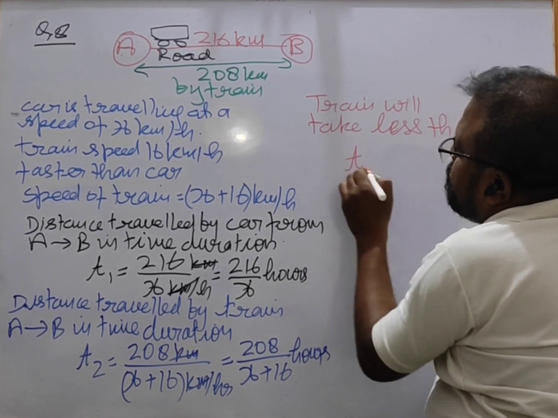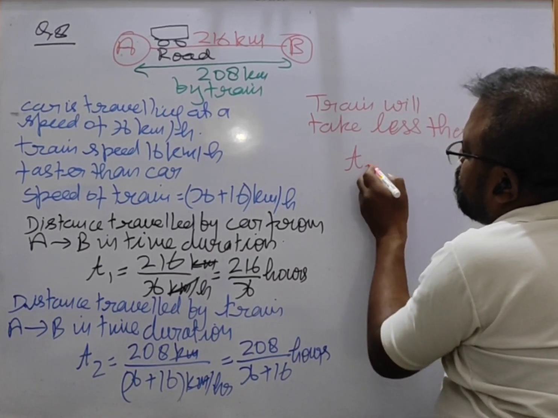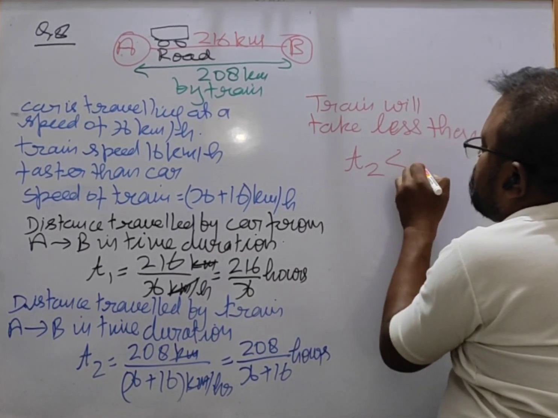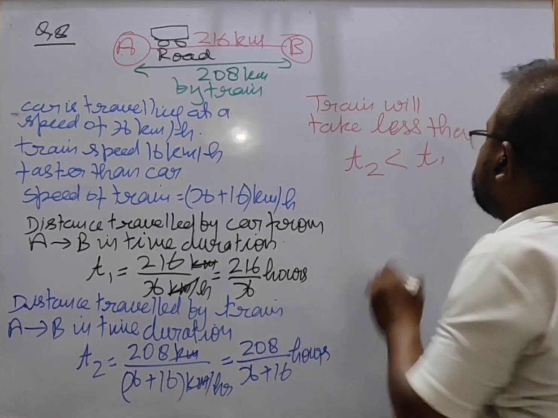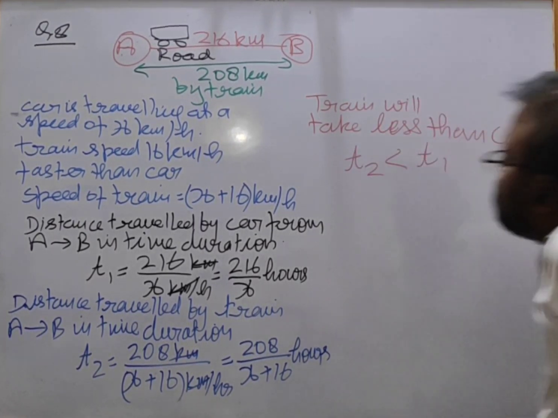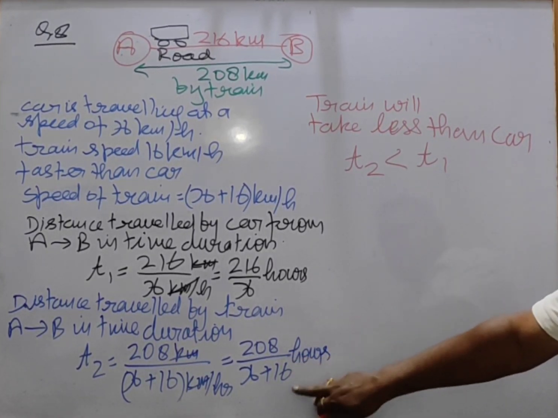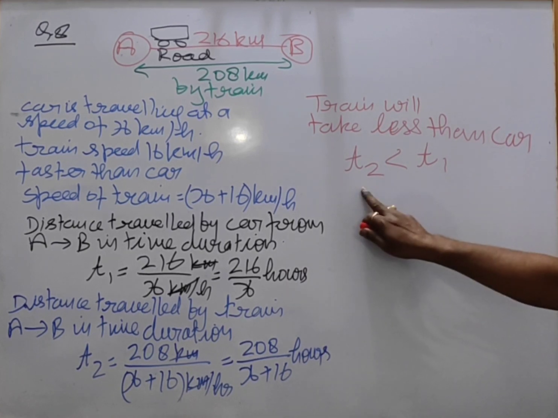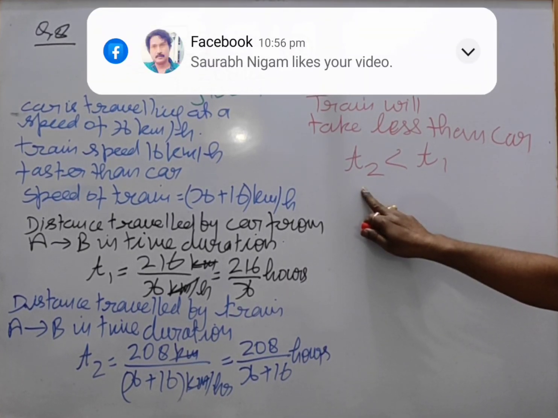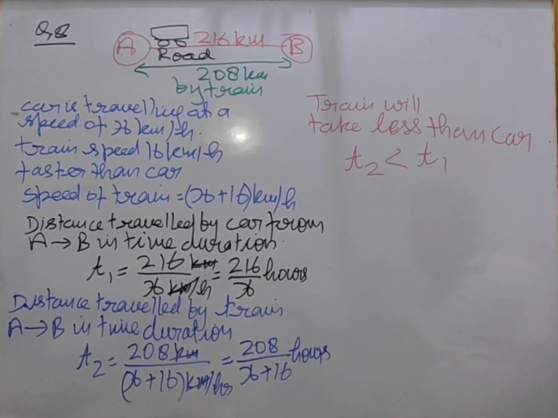So T2 is less than T1, right? Distance is less, speed is more, so time will be less. And distance is more, speed is more, so time. So we can write it like this.